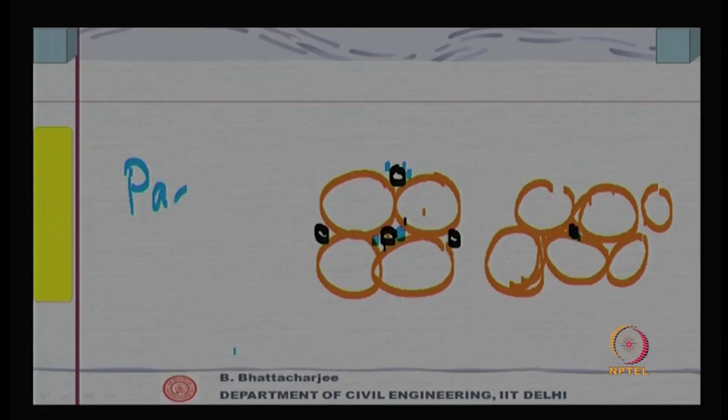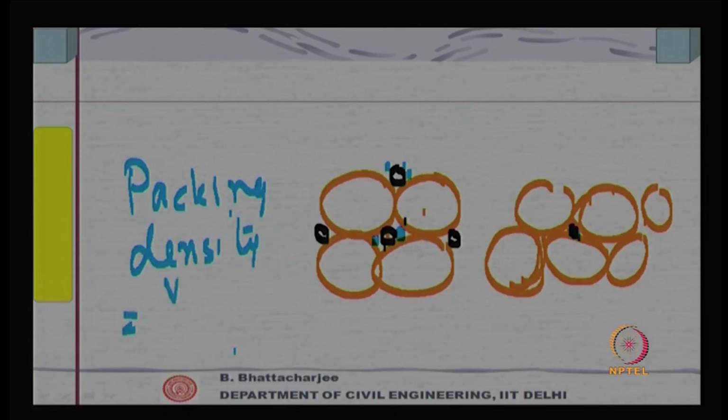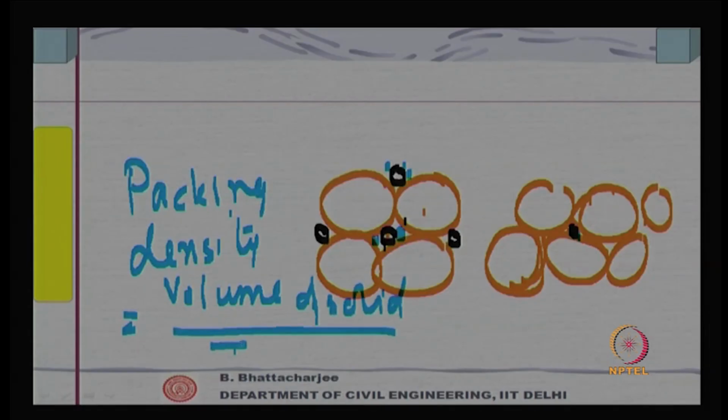Individual sizes we define in terms of sieves, of course, we have seen, but we did not talk of different sizes mixed together, right. When you mix different sizes together, only then is there a possibility of reducing down the voids. So, we define a term called packing density, and it is the volume of solid divided by total volume.